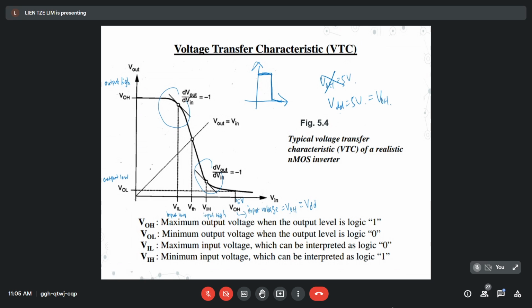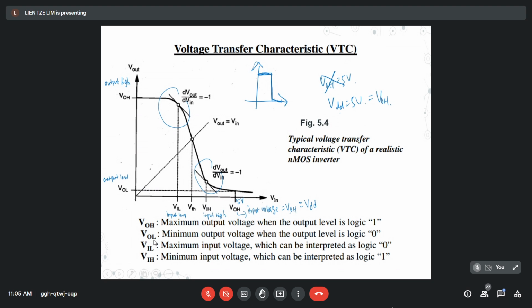So these are the meanings of the labels here, for all the voltages. Here are already given the definitions for VOH, VOL, and the input low and input high, VIL and VIH. VOH means the maximum output voltage when the output level is logic 1.